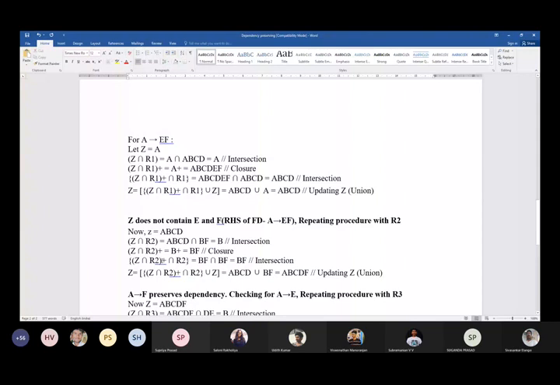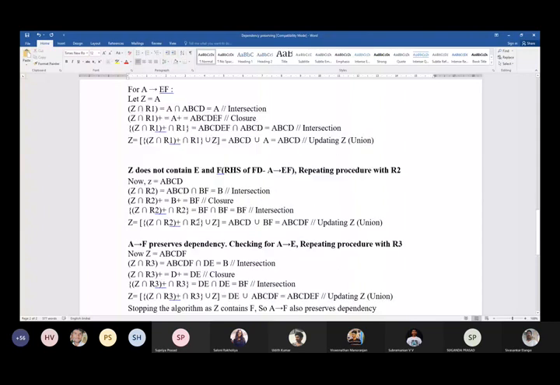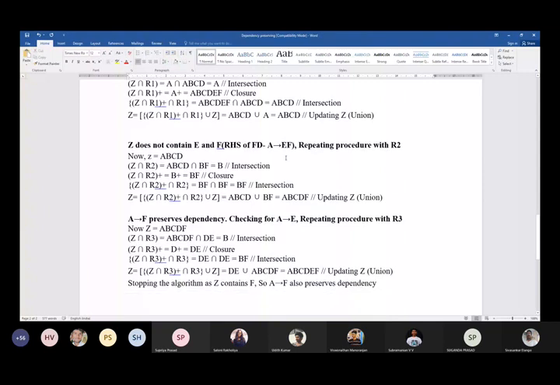So A determines F can be proved. However, A determines E is still to be proved. So again, you are going to continue with that iteration. So the new value of Z is going to be A, B, C, D, F. You are going to work with the third relation, Z intersection R3, Z intersection R3 closure, Z intersection R3 closure intersection R3, and finally Z intersection R3 closure intersection R3 union Z, right?